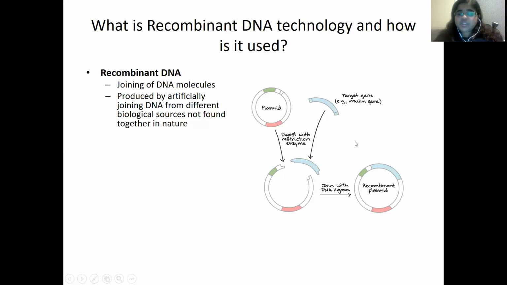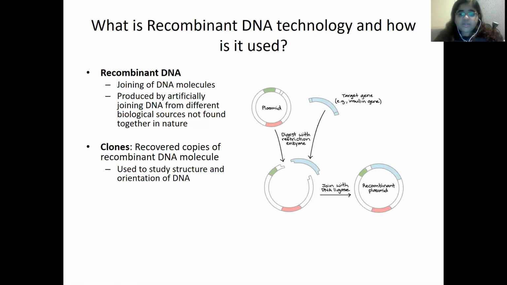So that's essentially how recombinant DNA ends up forming. So essentially, the recovered copies of the DNA molecule itself are called clones, right? These clones are typically used to study structure and orientation of DNA.